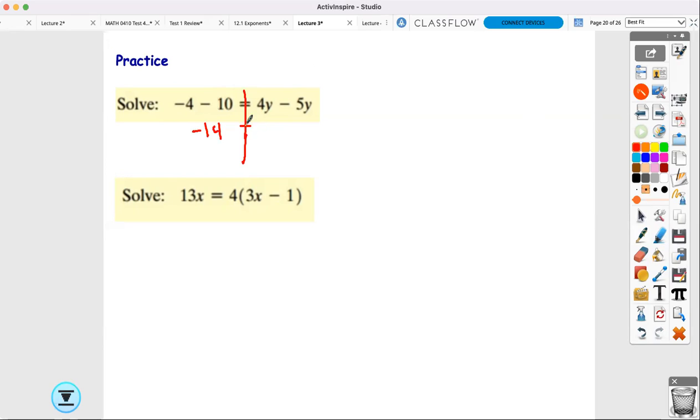Now on the right side, 4y take away 5y. What does that leave us with when we combine those two? -y. Now y is not by itself yet. So what do we do on both sides to get y by itself?